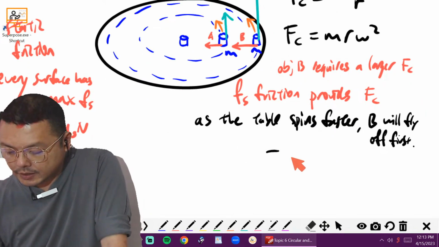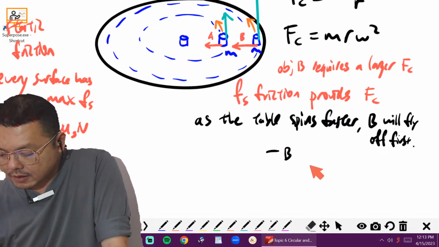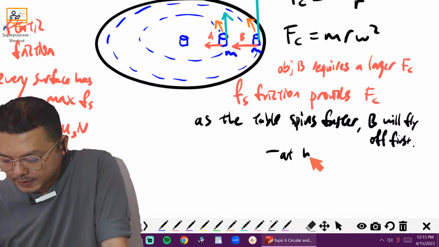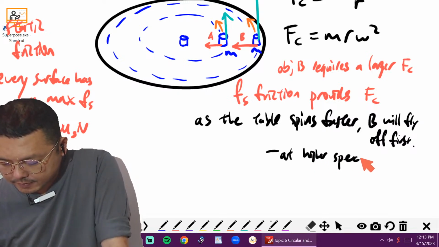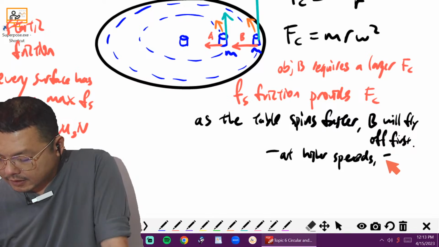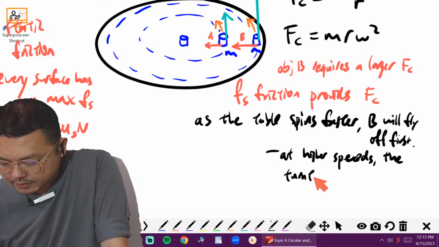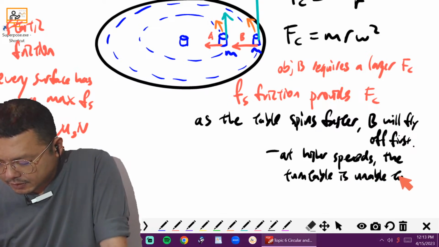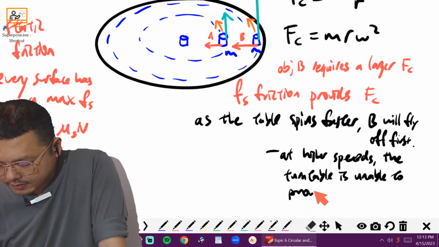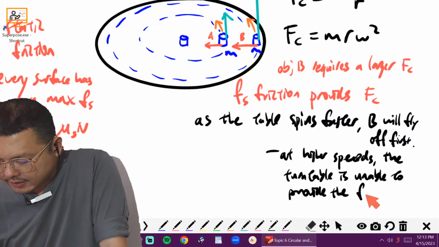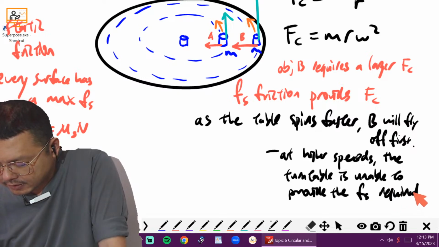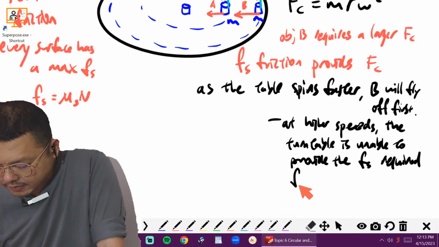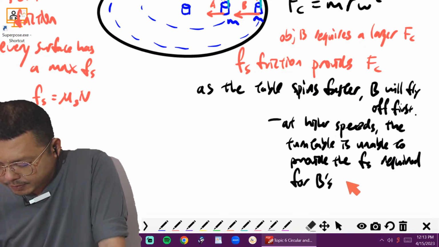B will fly off first because B at higher speeds, the turntable is unable to provide the static friction required for B's centripetal force at the higher speed.